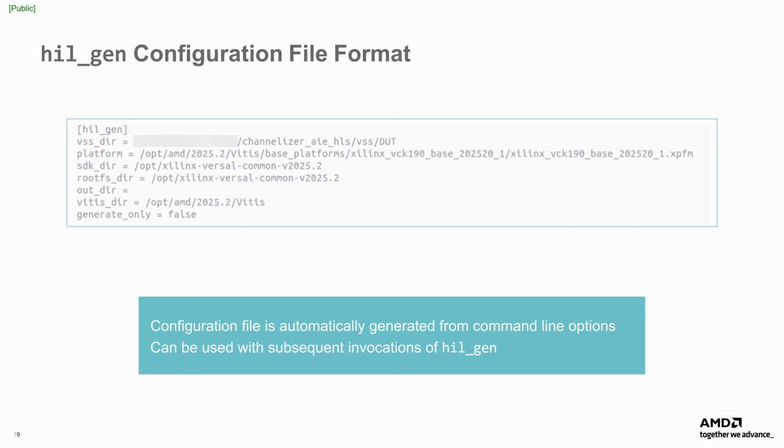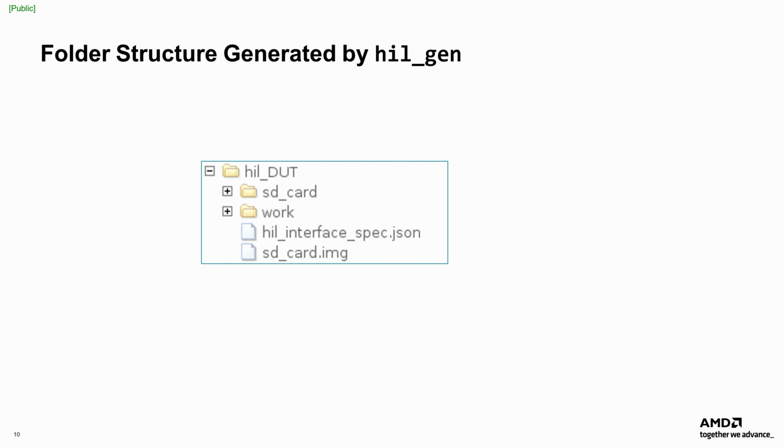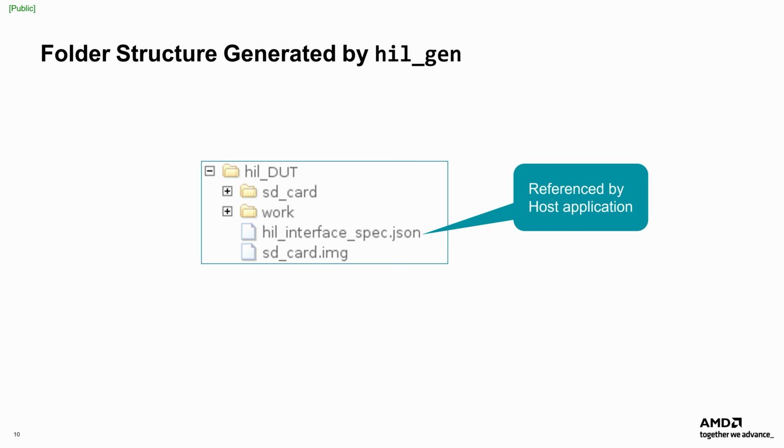When the HIL_GIN command completes, it generates a structured output directory containing the files required to run the HIL server. Two important files are produced during this step. The first is HIL_interface_spec.json, which defines the communication interface and port configuration of the design.